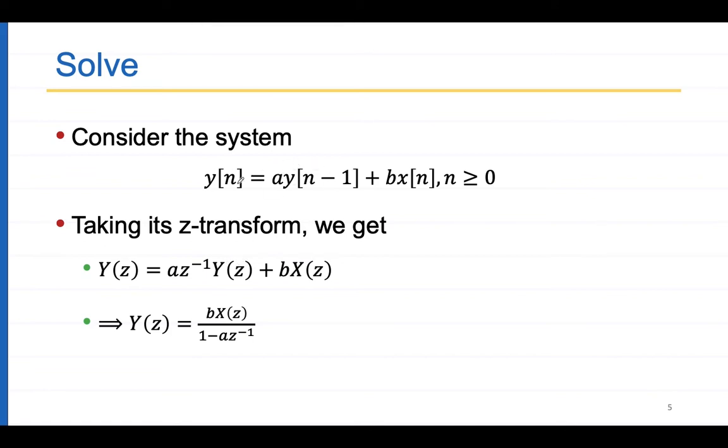Now, if y[n] has a Z transform Y(z), what will be the transform of y[n minus 1]? It will be z to the power minus 1 times Y(z), right? And then b times X(z). I can solve this for Y(z), take this to the other side, and Y(z) is simply b X(z) upon 1 minus a z inverse, right? Very simple. With the Z transforms, it is so easy to solve, right?